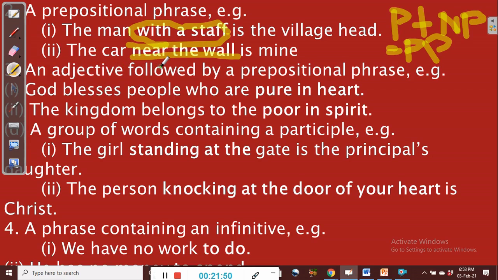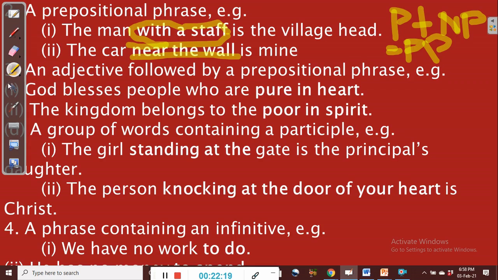Again, when we remove this and we say the car is mine, of course, when there are a number of cars parked in a place and you are saying one of them is mine, and someone asks which of them is yours, then to define it, you say the one near the wall, the car near the wall. So "near the wall" is a prepositional phrase, but is functioning as an adjectival phrase in this sentence.